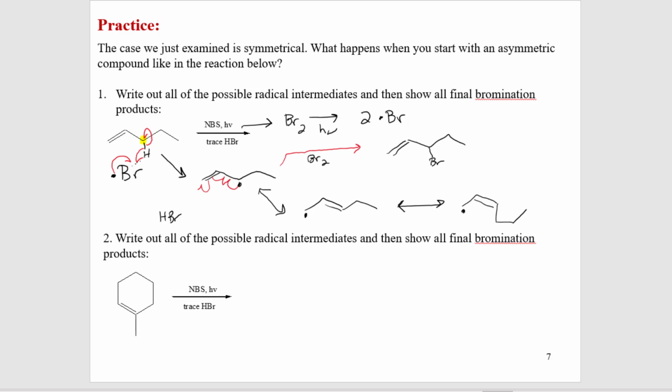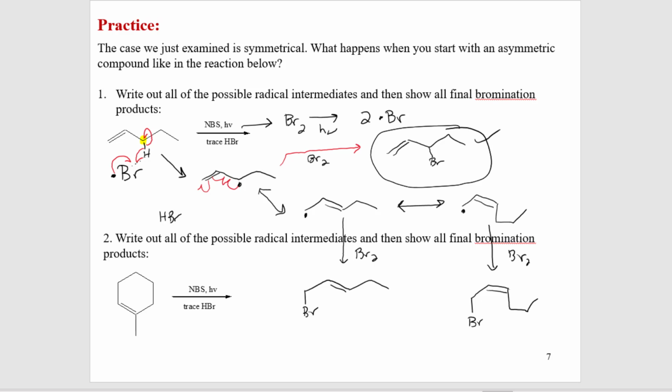Remember back from your homework that cis-trans isomers, when you open it up with a charge next door, resonance allows rotation because the double bond is not locked and set. So I've actually got one possible product. If I brominate here, I get a second possible product. And if I brominate here, I get a third possible product. Okay, so 1, 2, and 3.